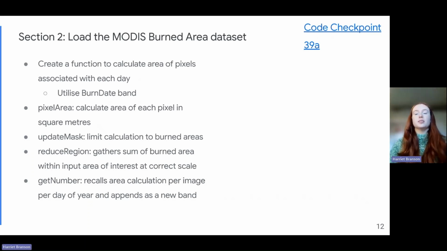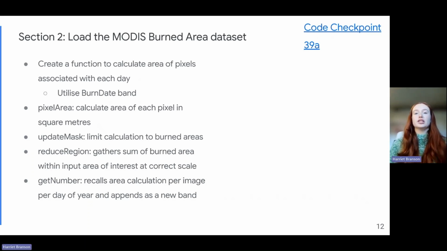The reduce region command gathers the sum of burned area within our input area of interest at the correct scale of our input image. That's 500 meters for our MODIS burn date image collection. Once we have that, the get number command then recalls the area calculation per image per day of year, and then we append it as a new band on the area image collection.